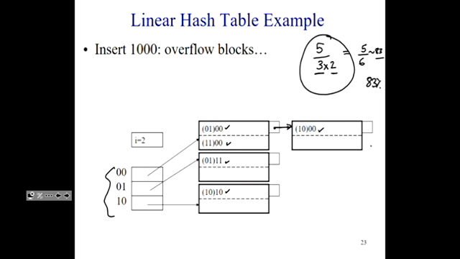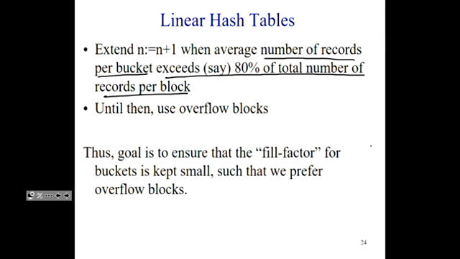Now, as the fill factor increases, I want to seamlessly increase the size of my hash table. So I want to increase the number of buckets. So in this particular case, I might say that I want to extend n to n plus 1 when the average number of records per bucket exceeds 80% of the total number of records per block.